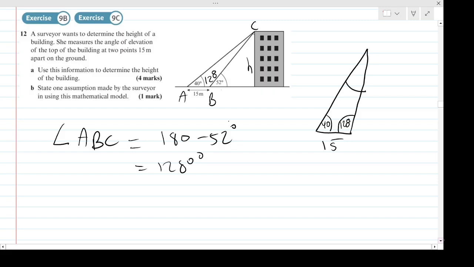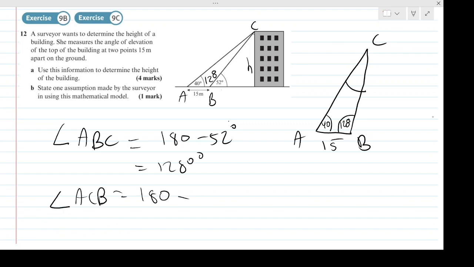So the third one, they'll have to add up to 180. So again, if this is points A, B, and C, that angle at C, ACB, is going to be 180 take away the other two, so 128 take away 40, and so that would be 180 take away 168, which is 12.